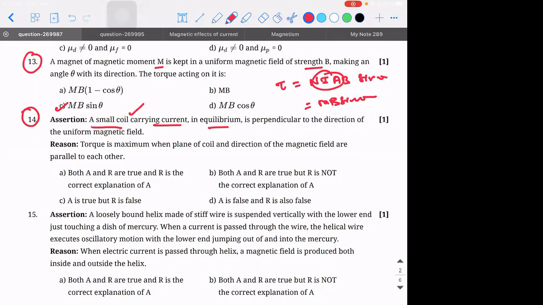There is a small coil carrying current and it is in equilibrium, provided it is perpendicular to the direction of the uniform magnetic field. Is it possible? So there is a small coil like this and the magnetic field is in this direction.